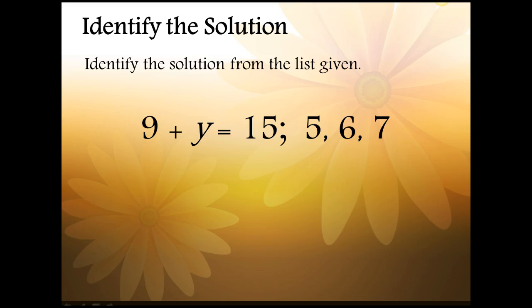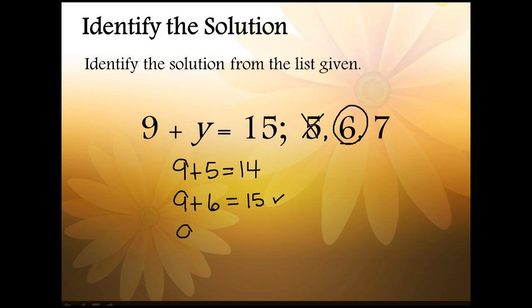If we plug in 5, we would have 9 plus 5, and that equals 14. So we know that 5 is not the solution. Then we would try 9 plus 6, which does equal 15, so that is the solution. 9 plus 7 equals 16, so it is not a solution.